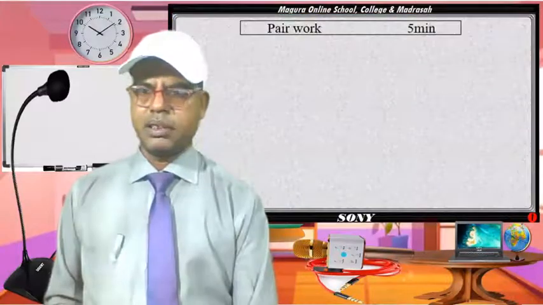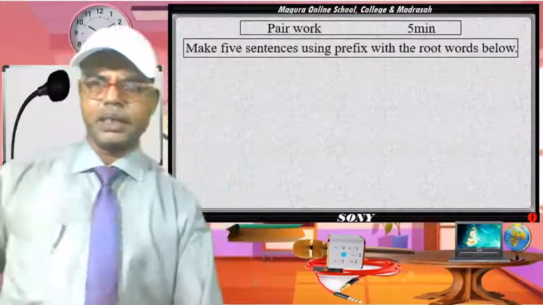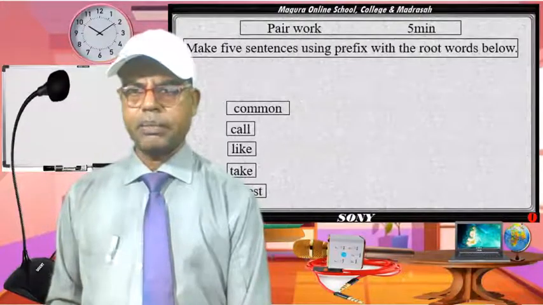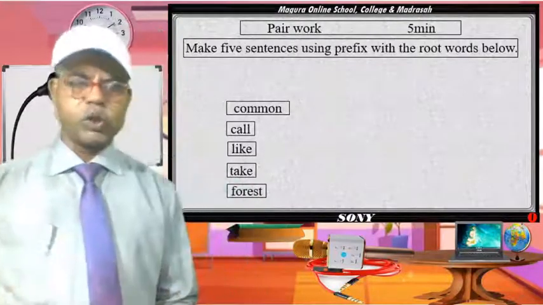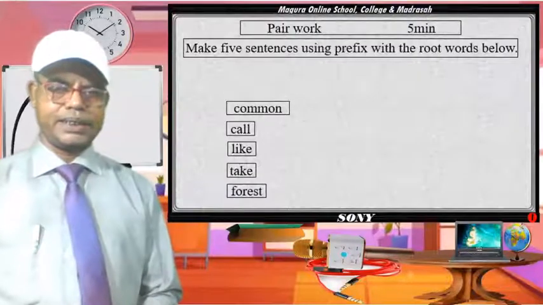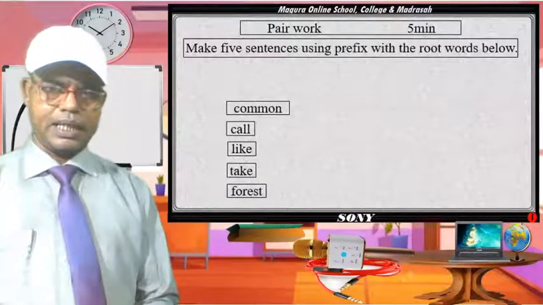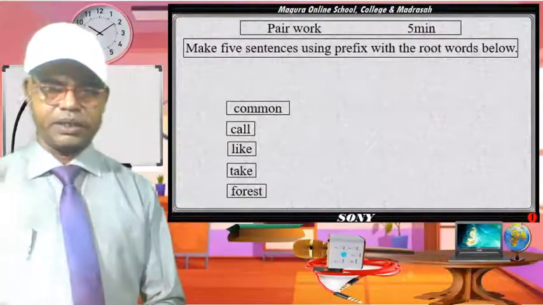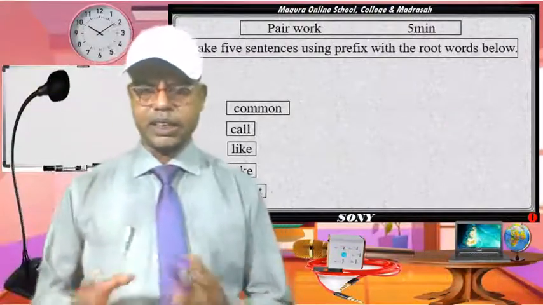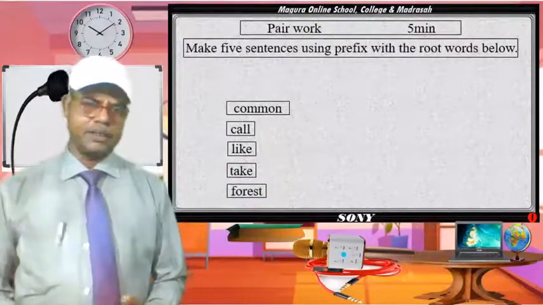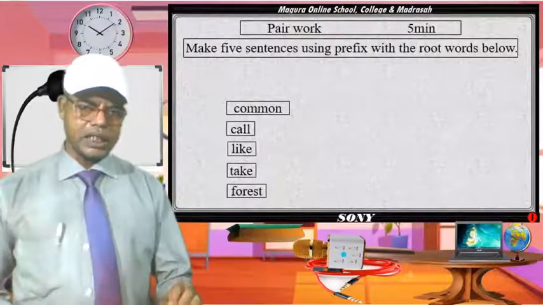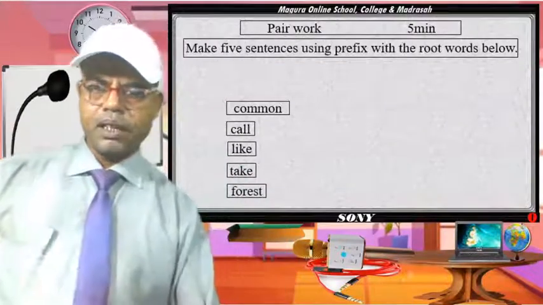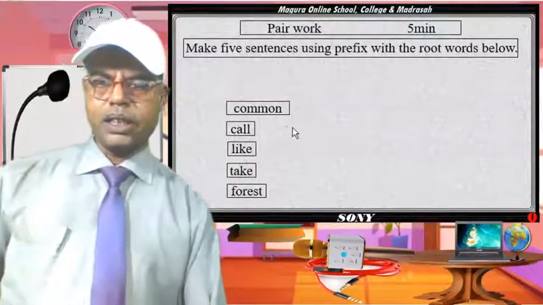Now, pair work for you. Here, five common words, root words, and you have to use a prefix before it. Okay, so get ready, please note it down and note the answer down in your exercise book. Okay, I think you have done well.